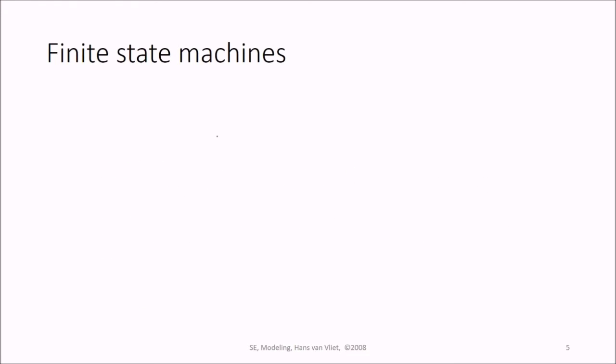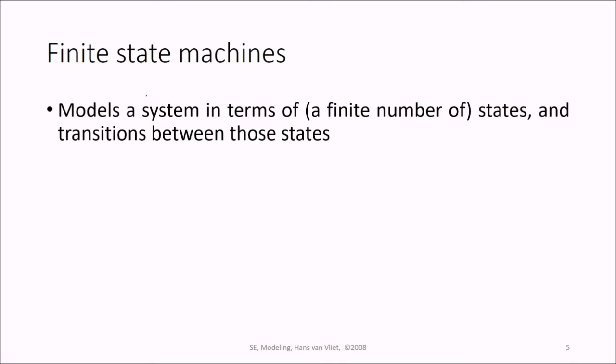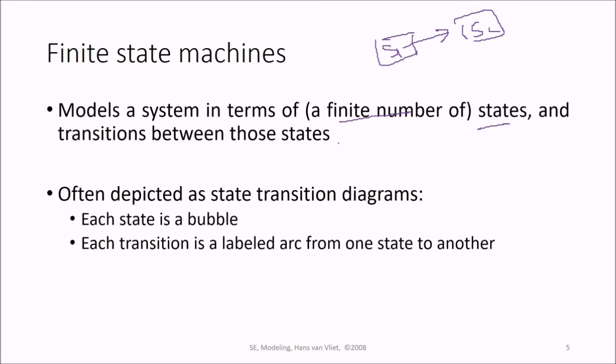Then we come to FSM, that is finite state machines. So how to make the model using FSM? FSM models a system in terms of states, a finite number of states, and the transitions between these states. So you have various states, say S1, then S2, and how S1 has become S2. These are often depicted as state diagrams.